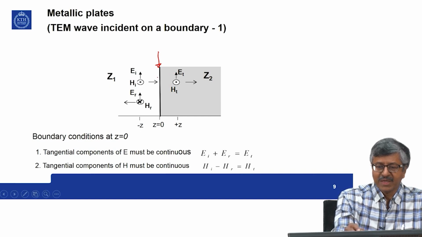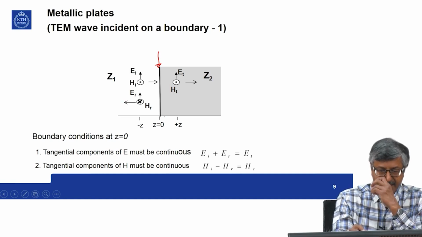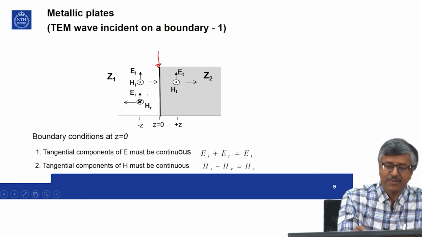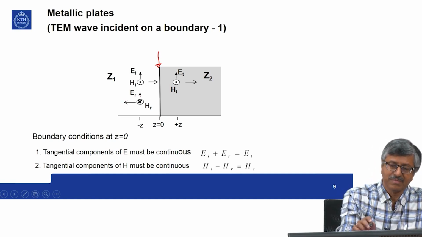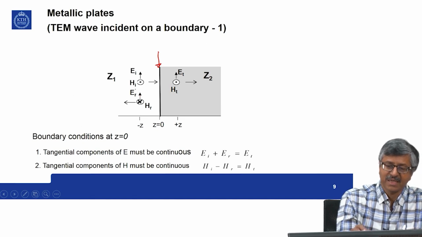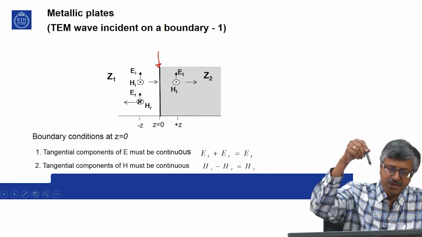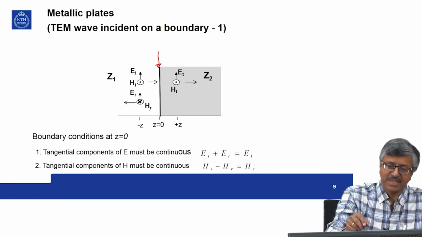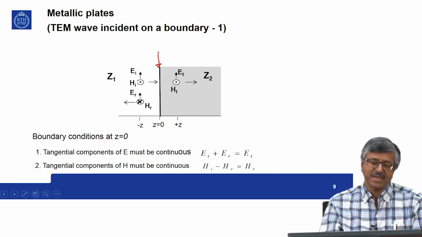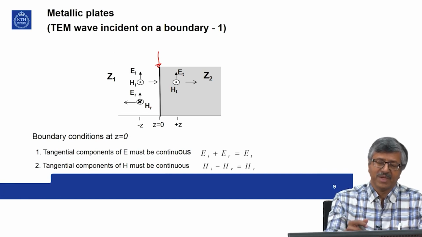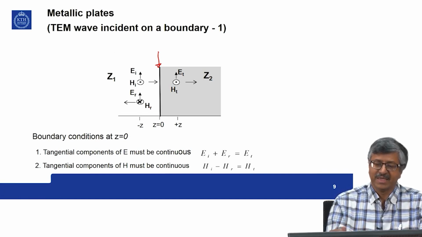Now, some part of it will be reflected at this boundary. Let us assume that reflected wave is in the same direction, ER. So, this is the direction of propagation, and that also is TEM, and reflected magnetic field, let us say, is into the plane, opposite direction, HR, and later the signs will come out correctly, that we will see.